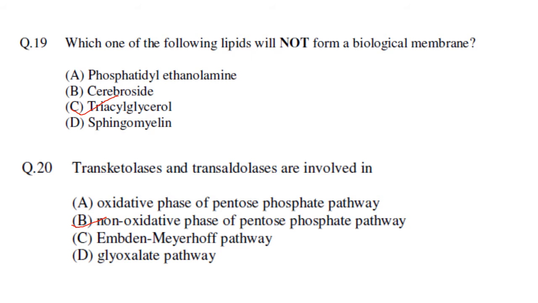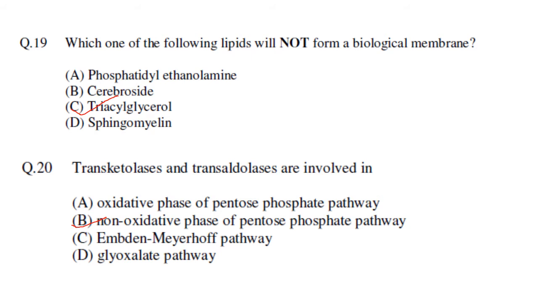Then, which of the following lipids will not form a biological membrane? Phosphatidylethanolamine, cerebroside, triacylglycerol, sphingomyelin. Answer is option C, triacylglycerol. Then transketolase and transaldolases are involved in oxidative phase of pentose phosphate pathway, non-oxidative phase of pentose phosphate pathway, Embden-Meyerhof pathway, and glyoxylate pathway.